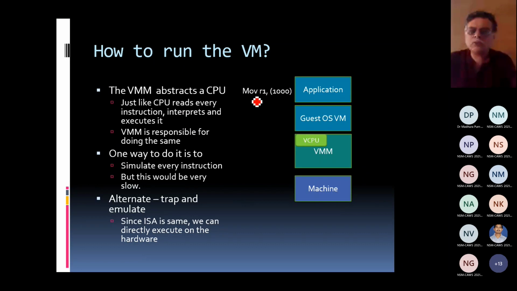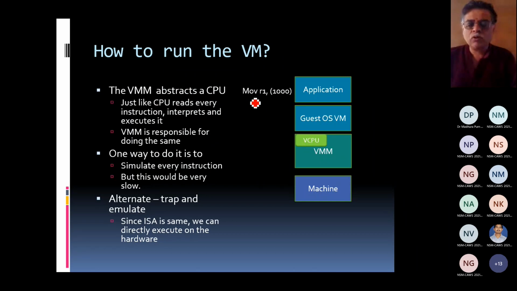Let's assume that you have this instruction here, move R1 from contents of location 1000. That's the instruction you're executing in this application. So this virtual CPU has to read this instruction, interpret it, and execute it.